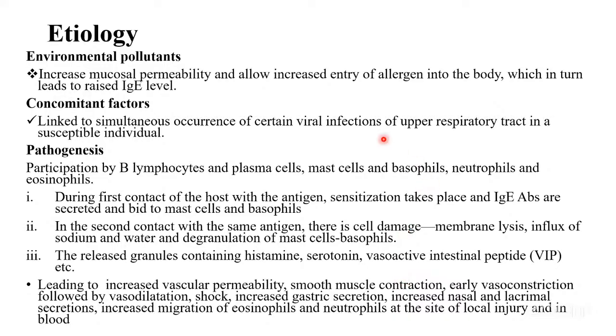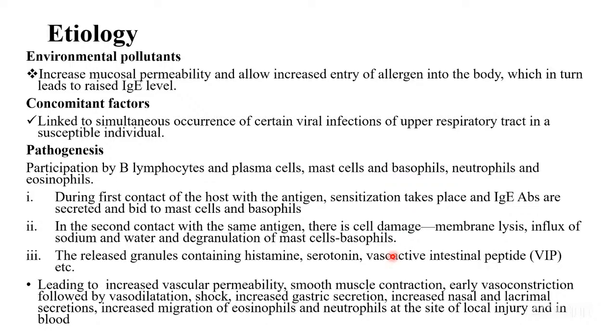Then environmental conditions such as increased mucosal permeability allow for increased entry of allergens into the bloodstream and lead to elevated IgE levels. Then concomitant factors such as simultaneous occurrence of certain viral infections in the upper respiratory tract may also make it worse.